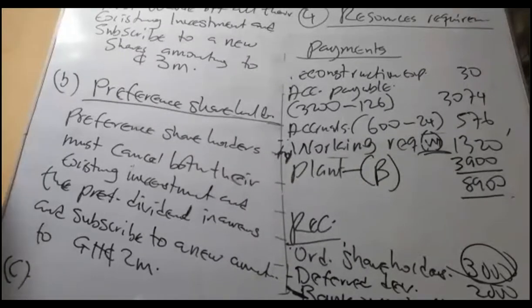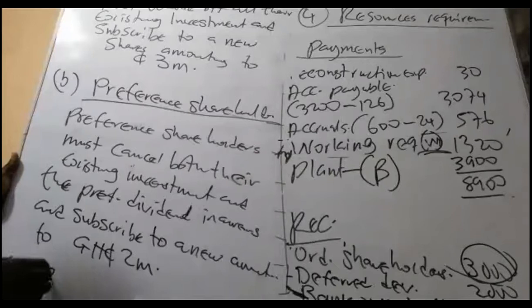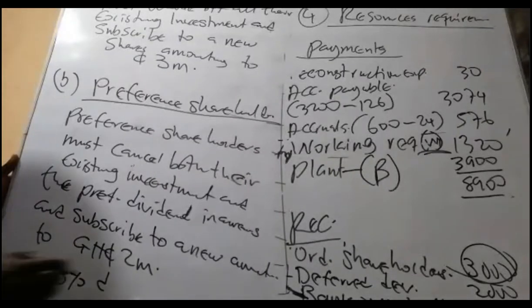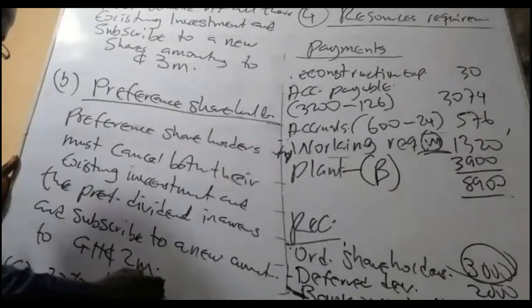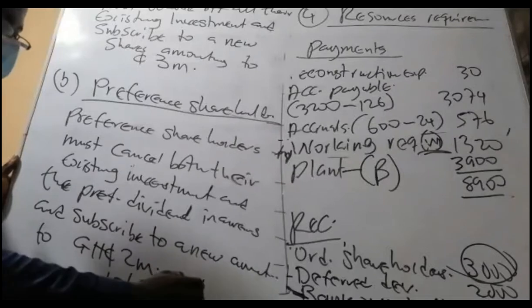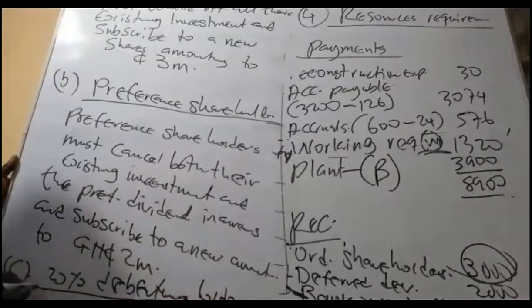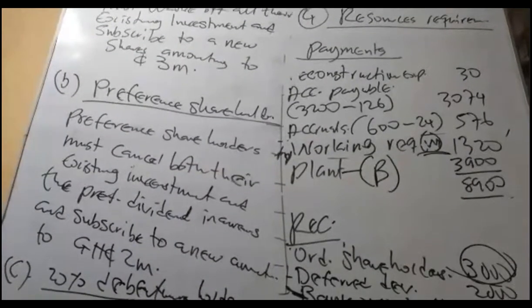Debenture holders, right? So 20% debenture holders. What are you going to say about them? You analyze it, and you start writing. How much are they losing?